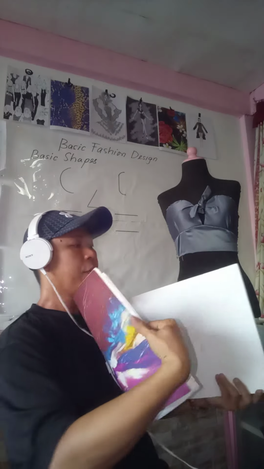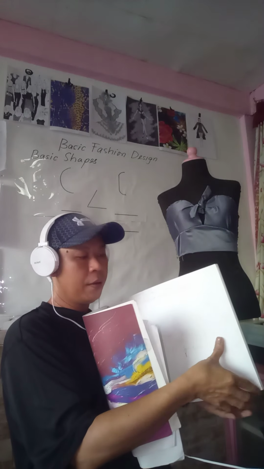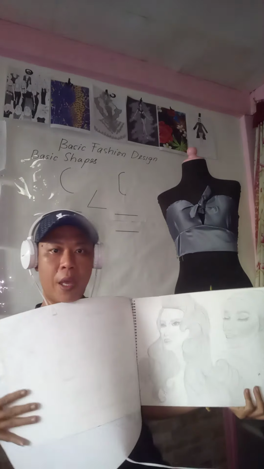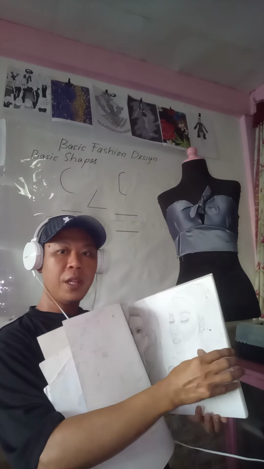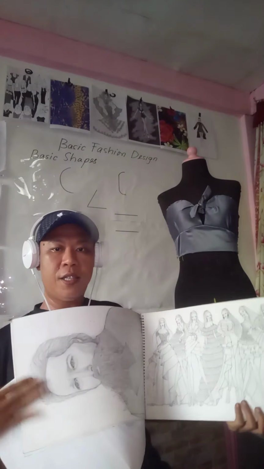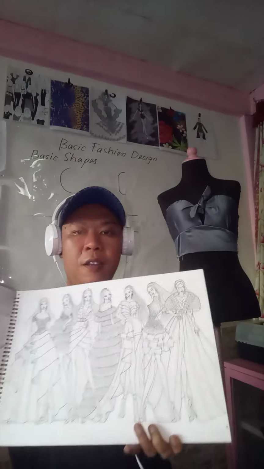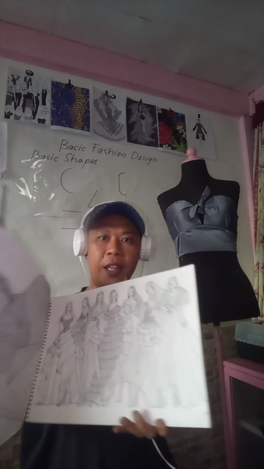Alright, so let me start now. And of course, if you can prepare and sketch something like this, you can put all of your ideas. Let's say for example, you can draw the face, you can draw your collections like this. Alright, so at least you will have this kind of sketch.